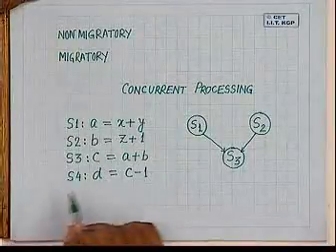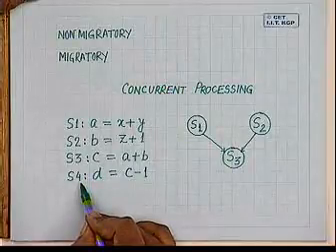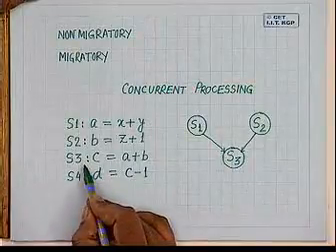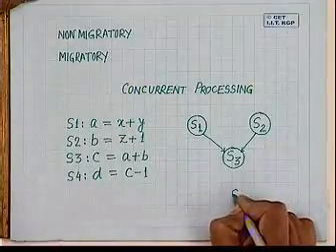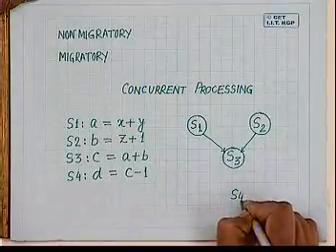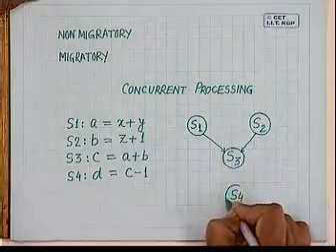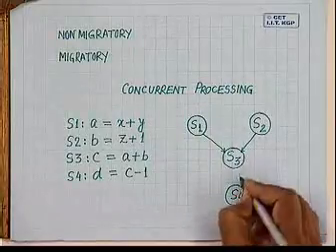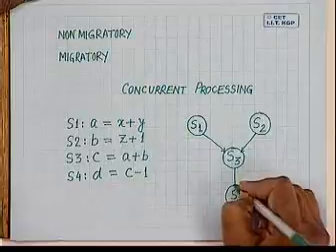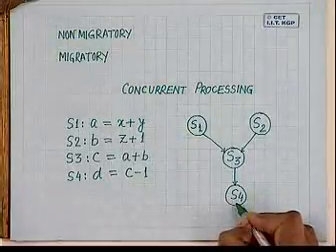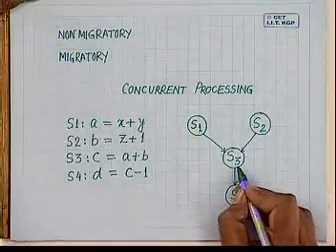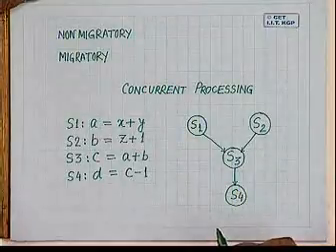Similarly, S4 has to be computed after S3 is complete. So I put S4 as another node in the graph, and I have to have a directed edge from S3 to S4, indicating that S4 can be computed only after completion of S3, not before that.